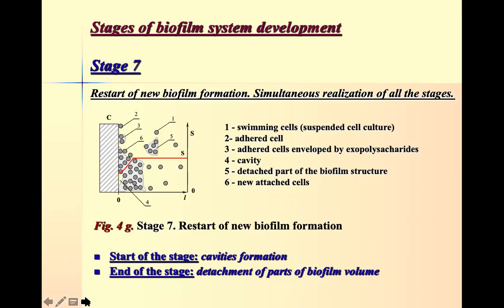And then last stage, restart of new biofilm formation, simultaneous realization of all stages. That is restart of new biofilm formation. So again, biofilm is forming, and cavities formation still remain. Detachment of parts of biofilm volume remains, but they attempt to restart a new biofilm formation.